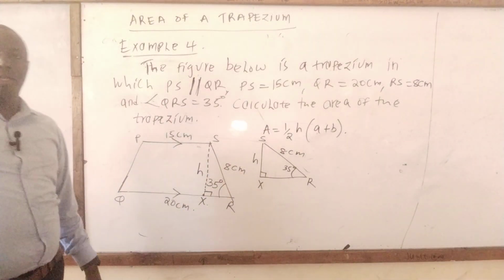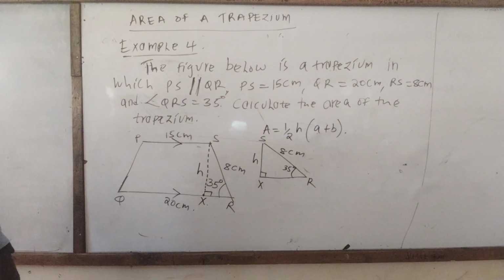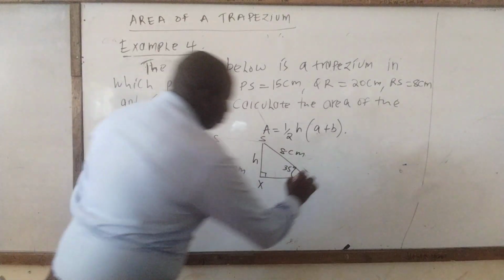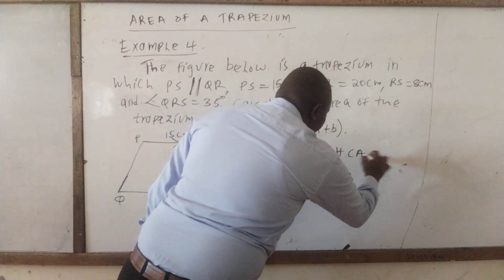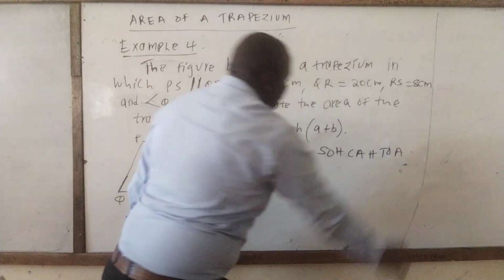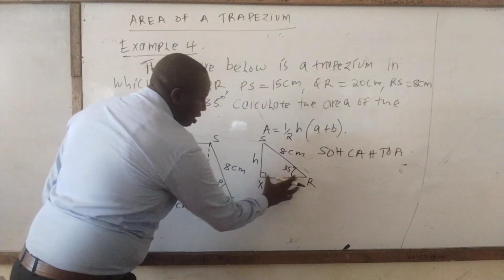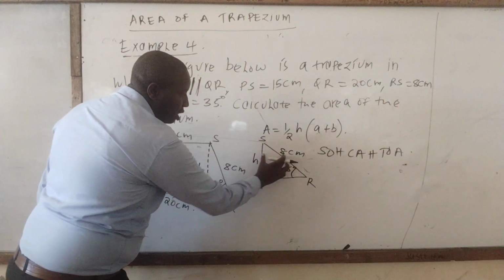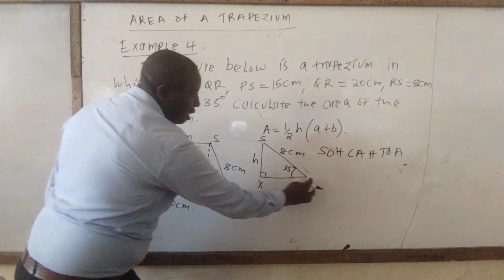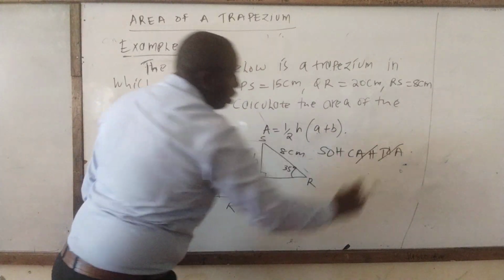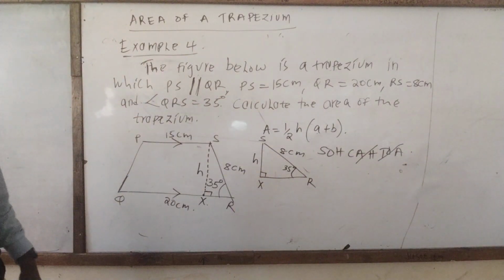So how do you get the height when you have the right angle triangle? You write SOHCAHTOA there. Since you are not given the adjacent side, where this angle is 35 degrees, this is opposite, and this is hypotenuse, you are supposed to keep off cosine and tangent.